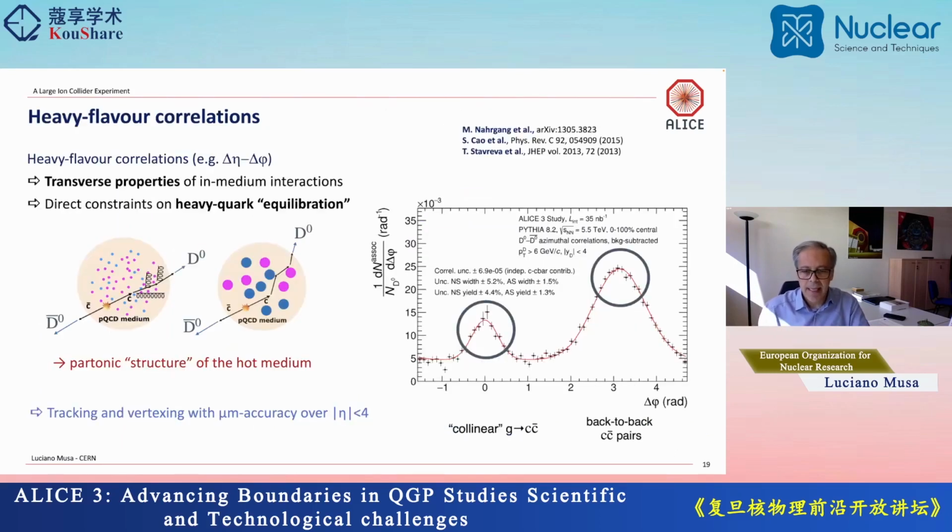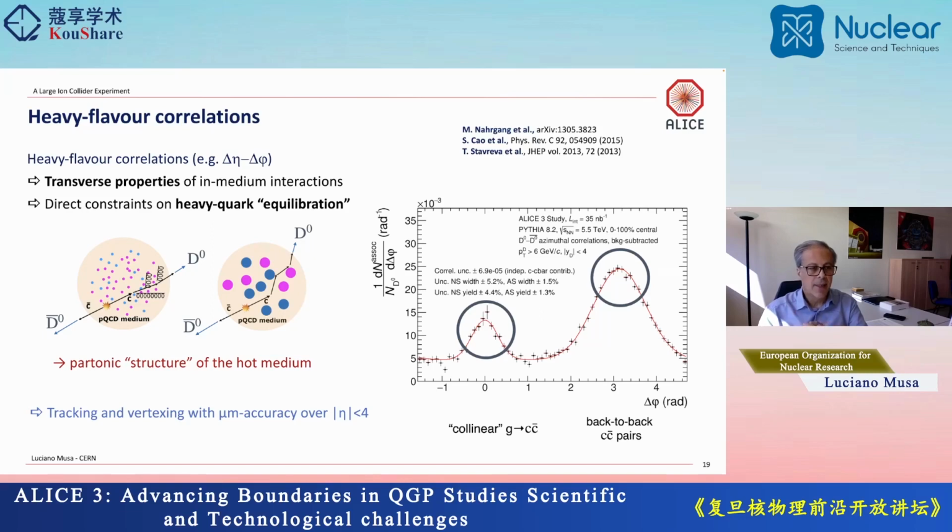So let me make another example. Another area where Alice 3 will enable significant progress is the study of correlations of heavy quarks, to study heavy quark energy loss and equilibration in the QGP.